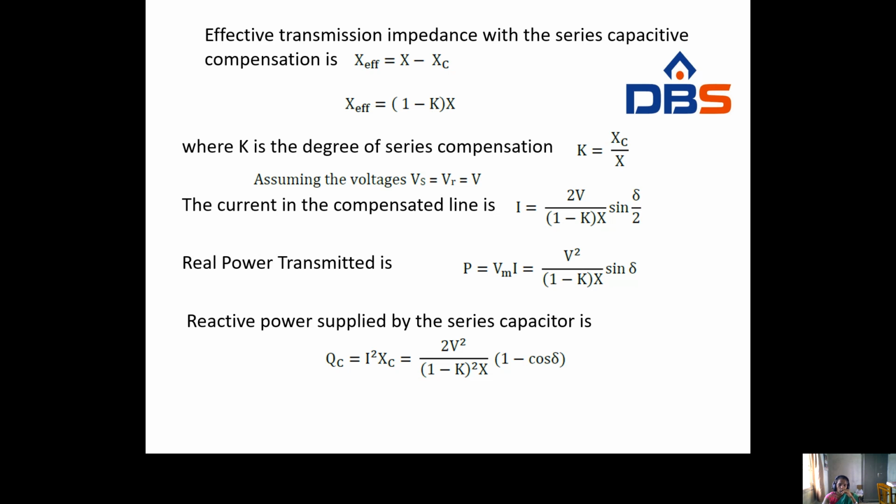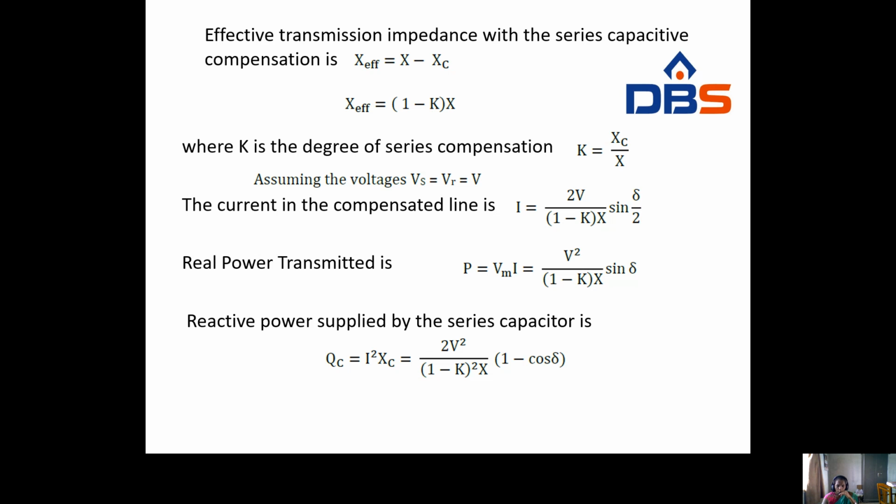Assuming the voltages Vs equal to Vr equal to V, the current in the compensated line is I equal to 2V by 1 minus K into X, into sine delta by 2, and the real power transmitted is P equal to Vm into I, which is V squared by 1 minus K into X, into sine delta.